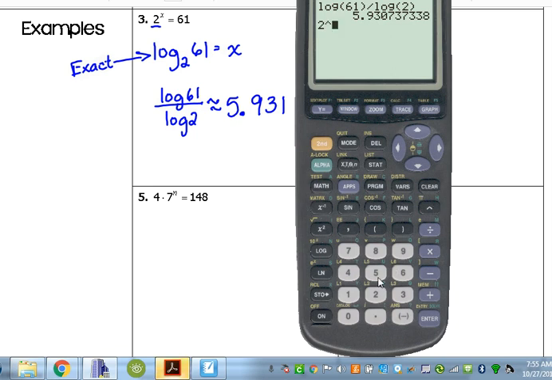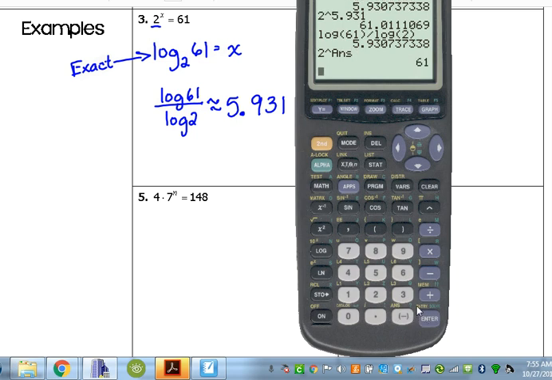It's an equation. Plug it back in to check it. So 2 to the, let's use the rounded answer so I can show you how it doesn't give you exactly 61, but it's very, very close to 61. If you had instead used the answer from the calculator, 2 raised to the answer, it would give you exactly 61 because it wasn't a rounded answer.